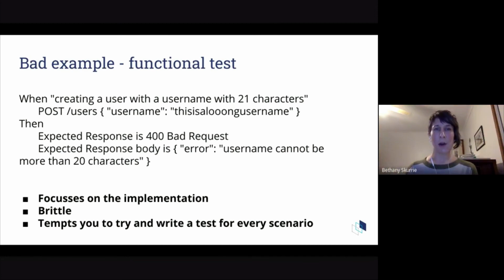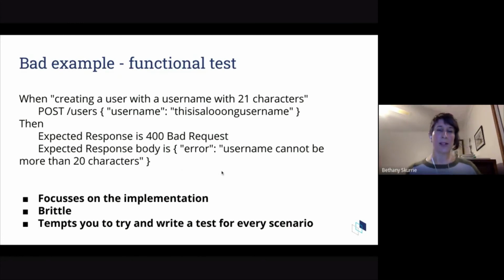Here's an example of how we might do it wrong. Imagine we're writing a test for creating a user with a username with 21 characters, knowing that our username limit was 20 characters. So you might say when we do a post to /users with a username that is too long, then we expect a 400 bad request, and we expect this particular error with this exact string in the error response.